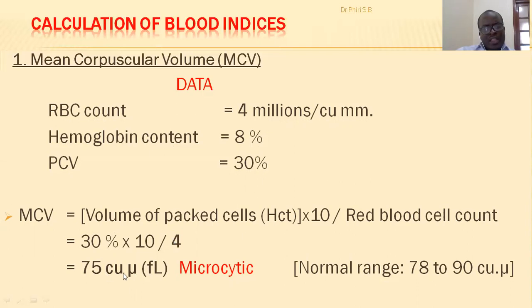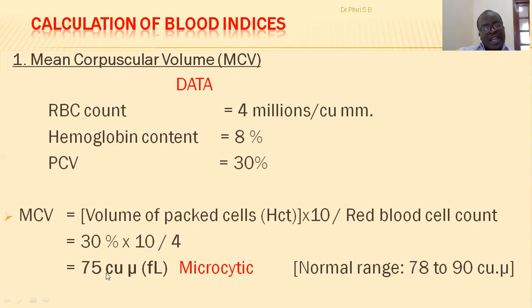When you compare this to the normal, we say the normal range is 78 to 90 cubic microns or femtoliters. So this is outside the range. You need to know, is it increased or decreased? Depending on the normal range, you can see here that it's decreased. Because it's decreased, it means that the size is smaller.